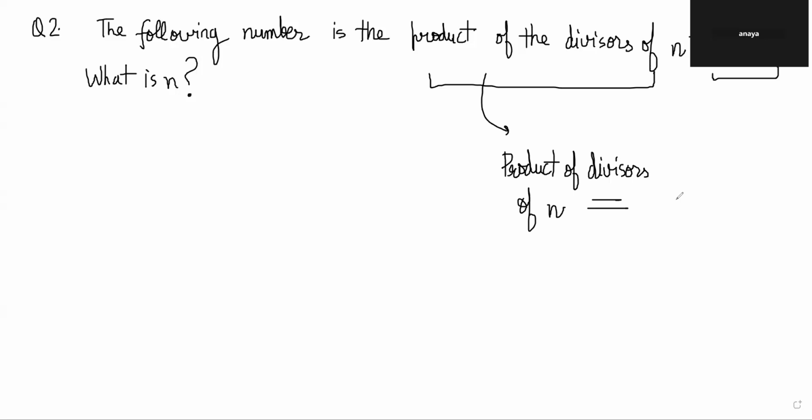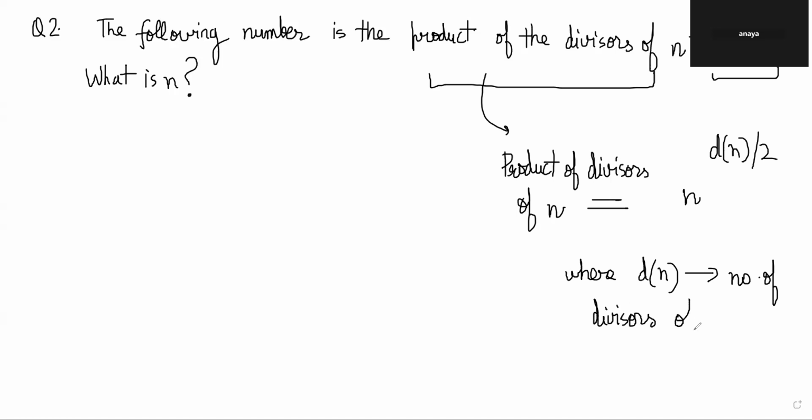The product of divisors of n is n to the power dn by 2, where dn is the number of divisors of n.